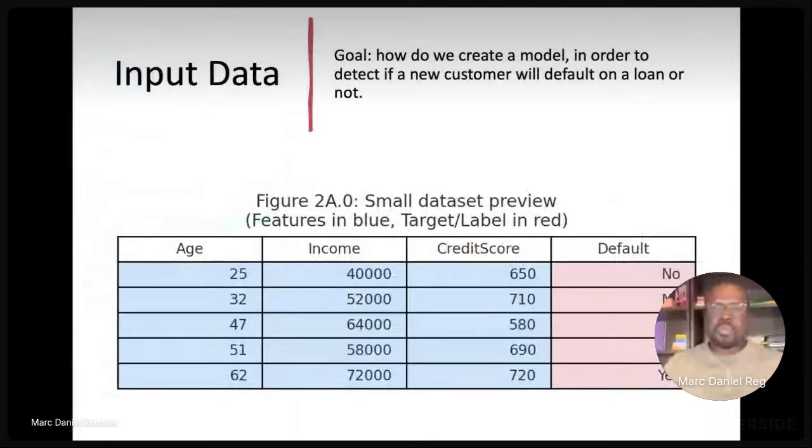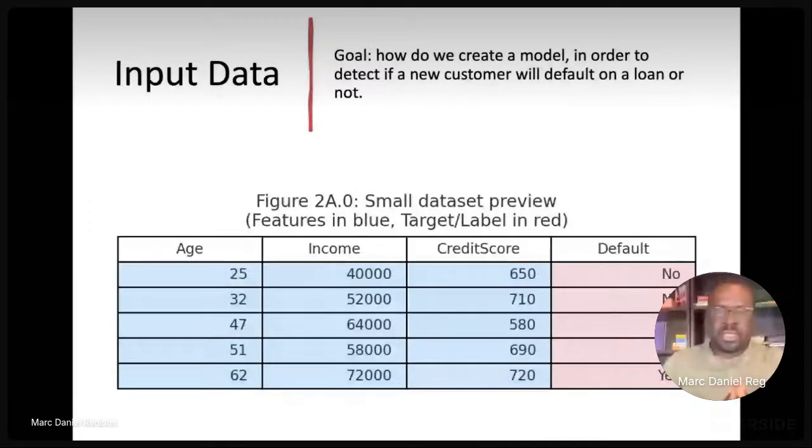So, input data. We will focus on data we've been exposed to. For example, let's say we want to create a model, an algorithm that can detect if a customer will default on a loan or not. And let's say we have age, income, and credit score. With that in our hands, we have enough to make certain predictions.